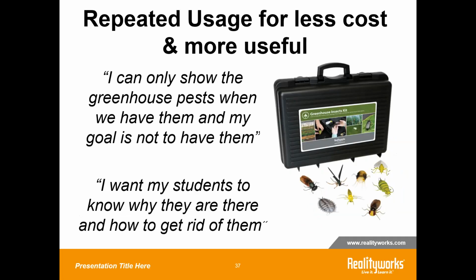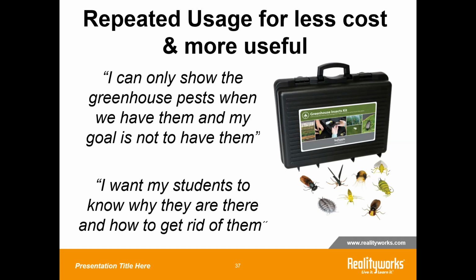Repeated usage for less cost and more usefulness. We have a greenhouse insects kit. The problem with greenhouse insects is that the only way a lot of times educators can show is that they have the pest in their greenhouse. And we never want to have those pests in our greenhouse. So we've come out with larger than life size models of 8 of the most seen greenhouse insects.